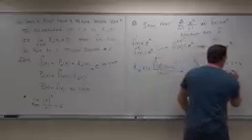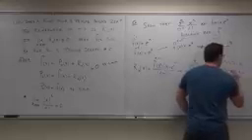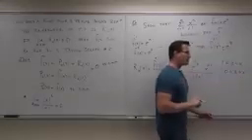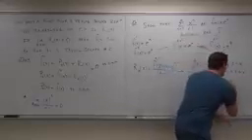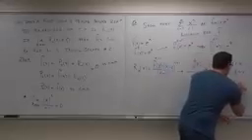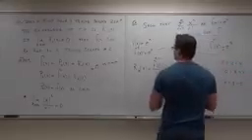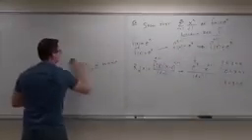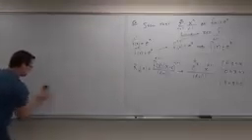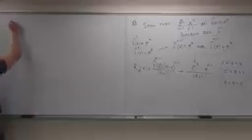So we basically have two cases. So this is 0. We have the case where x is positive, and we have the case where x is negative. You got to show both those cases.